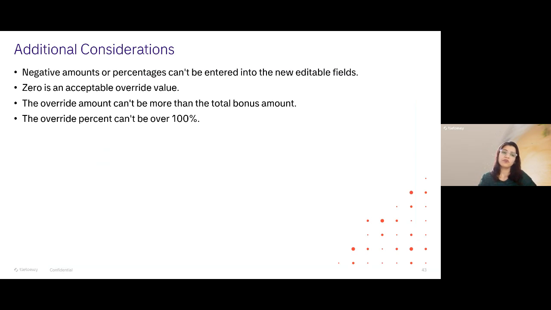So a few considerations here, negative amounts or percentages cannot be entered into these fields. 0 can be entered, it is an acceptable value. And override amount cannot be more than total bonus amount, of course, and the percent cannot be over 100.